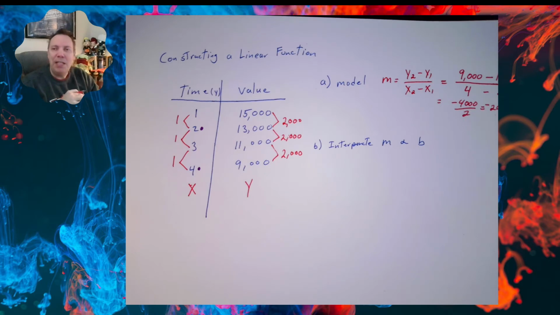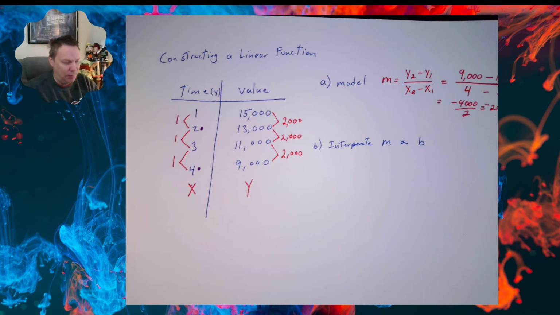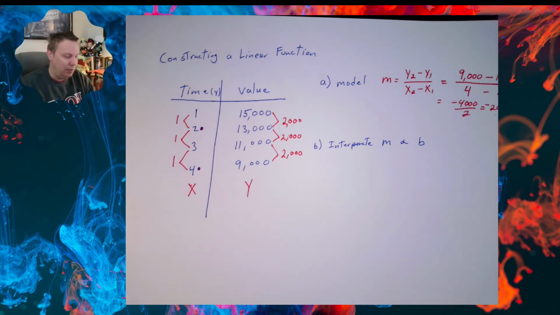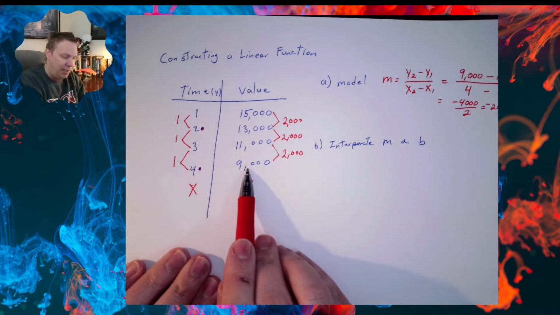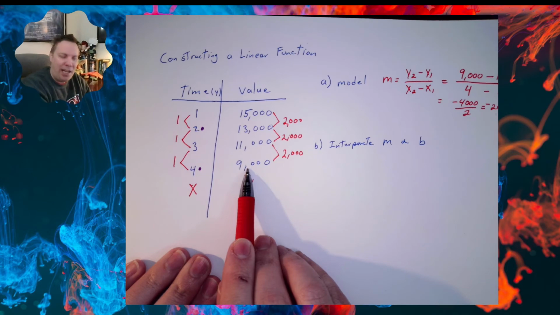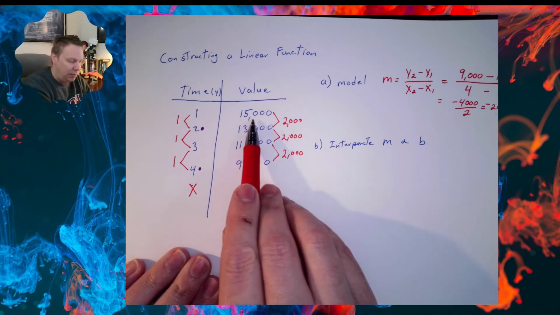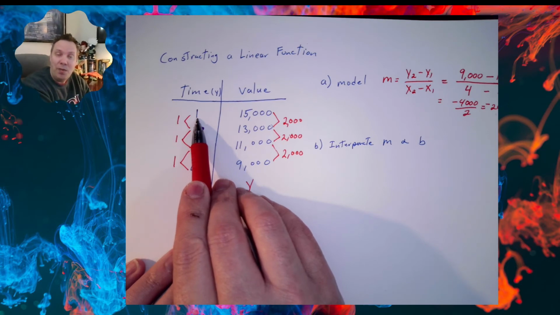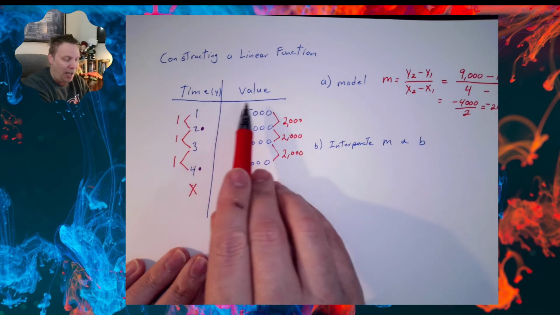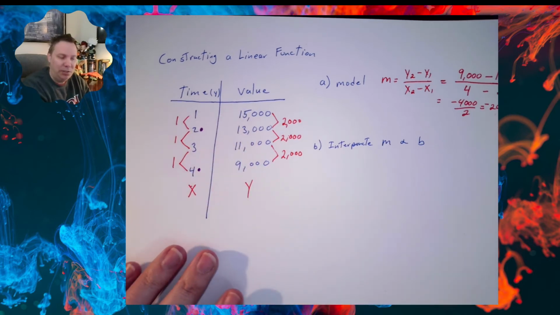Now what about my b? Well, there's many ways to do this. One thing I can do is interpret what this negative 2,000 means. If I go backwards in time, instead of taking away, I'm going to add 2,000. So if I want to get to time 0, in other words, when x is 0, that's the b in the problem, I'm going to need a 17,000.